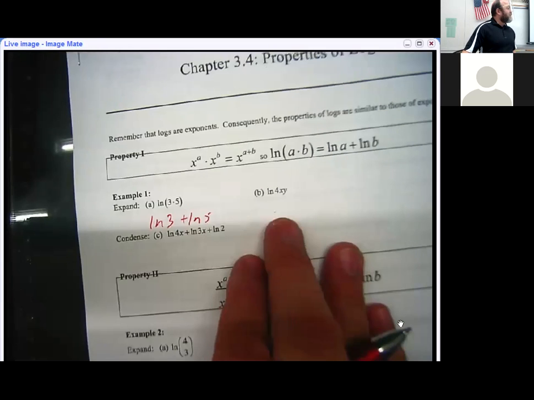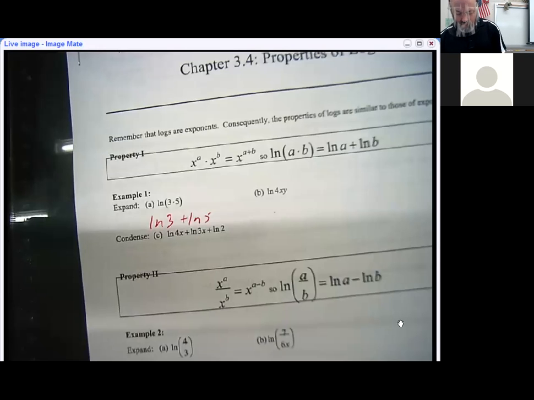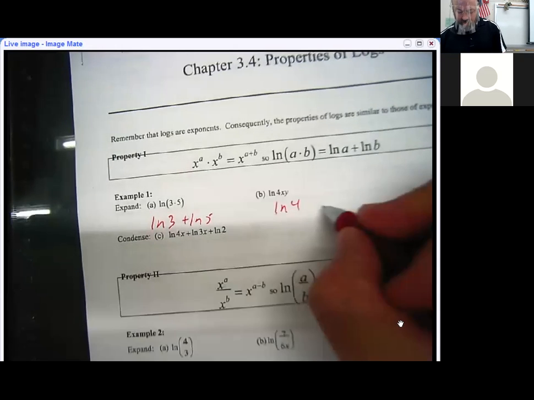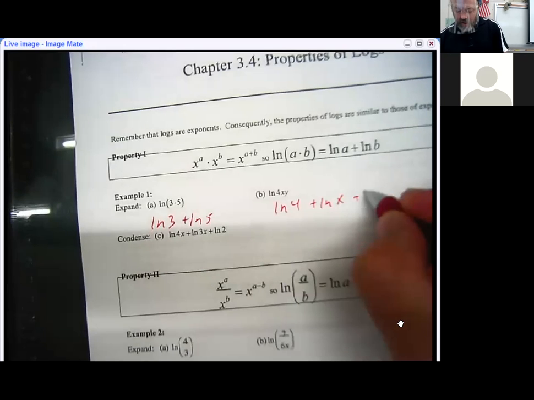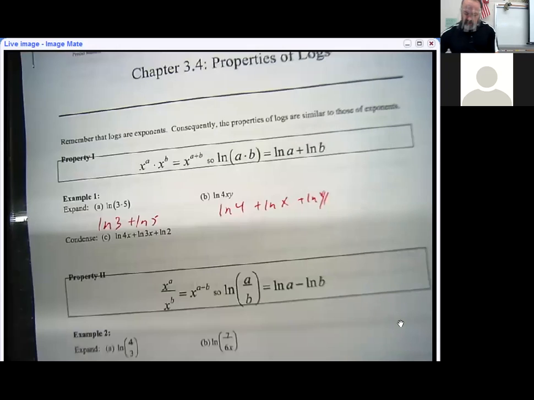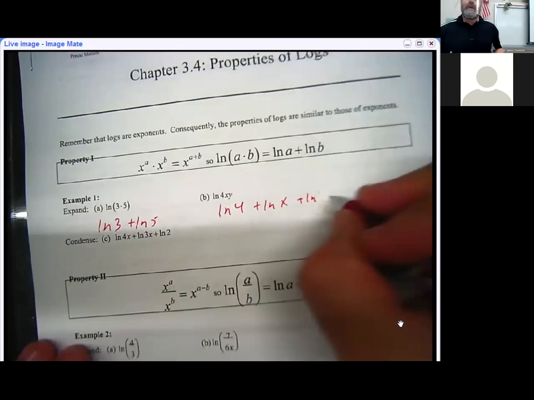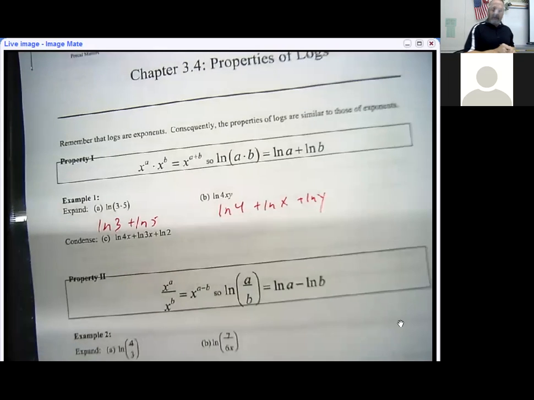How about here? This is the natural log of 4xy. So what could I do to break that down into individual little pieces? I'd have the natural log of 4, I'd have the natural log of x, and I'd have the, you know what? But I'm going to actually do something that probably the author of this particular thing, which I will say honestly I stole from somebody else, probably didn't intend.